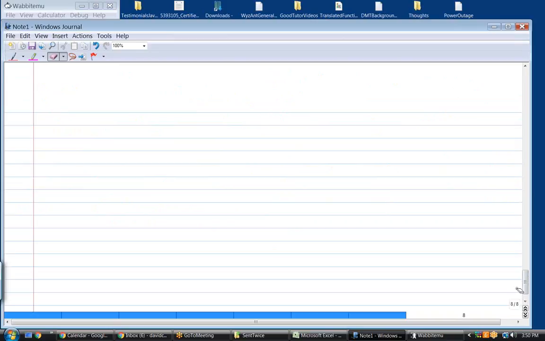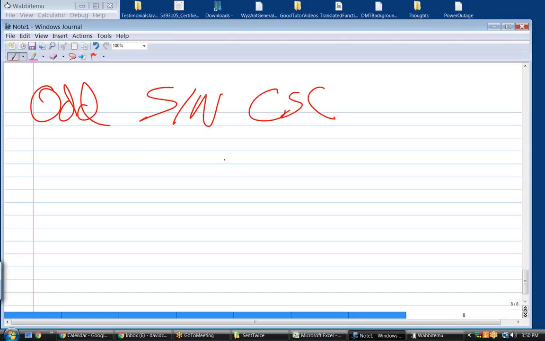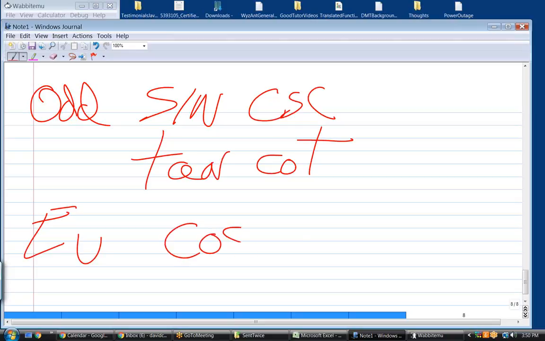Since cosecant is reciprocal to sine, it's odd. In reality, the odds are sine, cosecant, tangent, cotangent. The evens are cosine and secant.